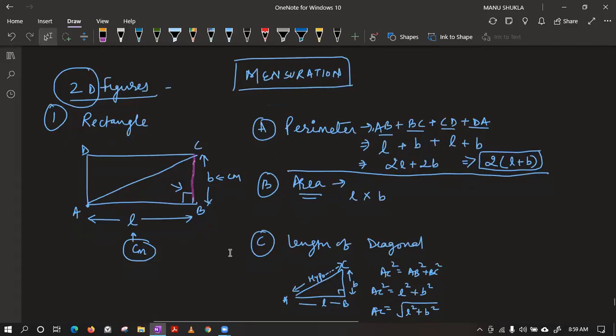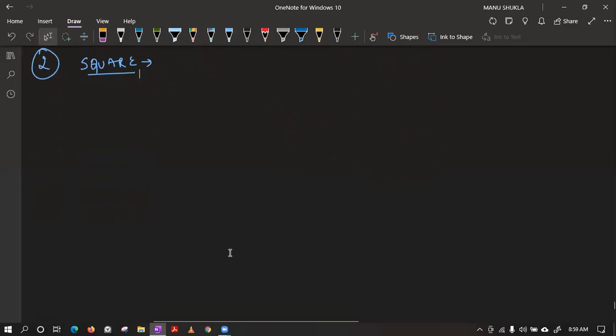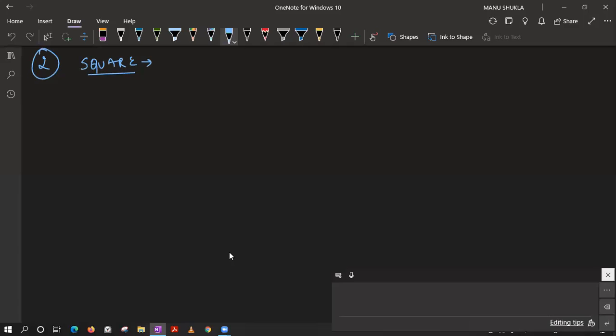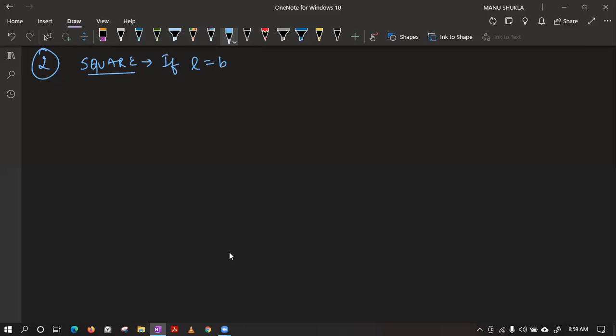If you make them the same, so if L is equal to B, we will get, yes, very good Krishna. If L is equal to B in a rectangle, we get a square.